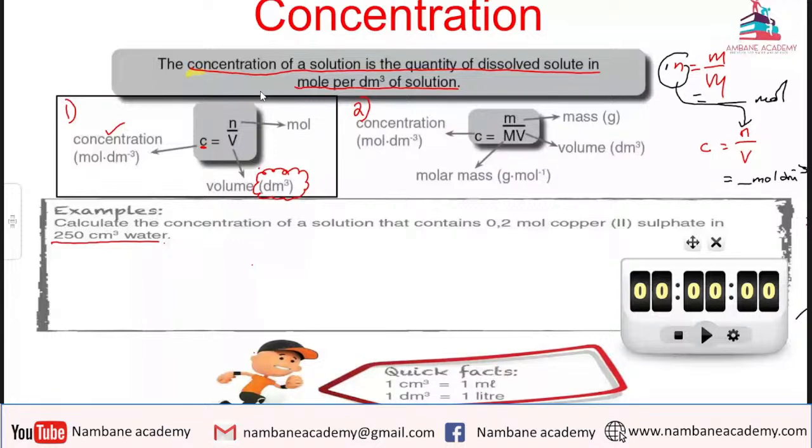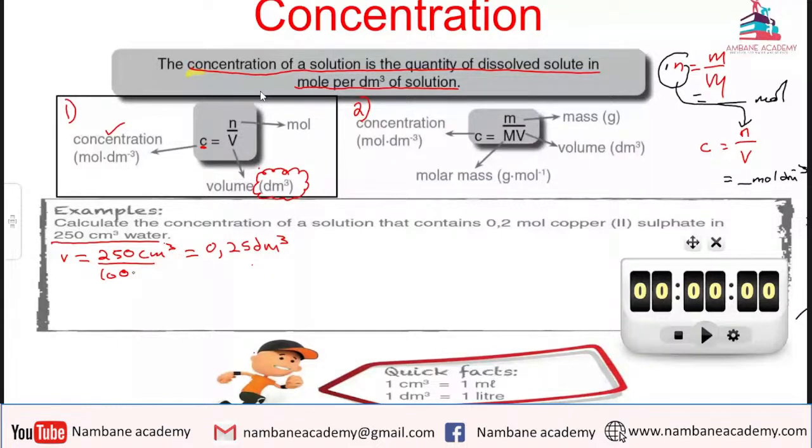First thing, V is equal to 250 centimeter cubed divided by 1000, and this will be something like 0.25 decimeter cubed, because we divided by 1000.